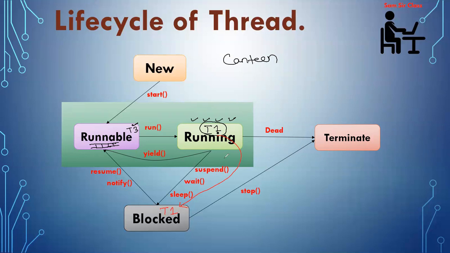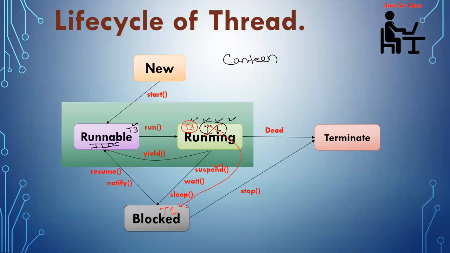Clear? And that process is known as suspend. You are calling the suspend method on the currently running thread. In the middle of the execution, it will be taken out and will enter the block state. Why? Because you are allowing the higher priority thread to complete its execution.